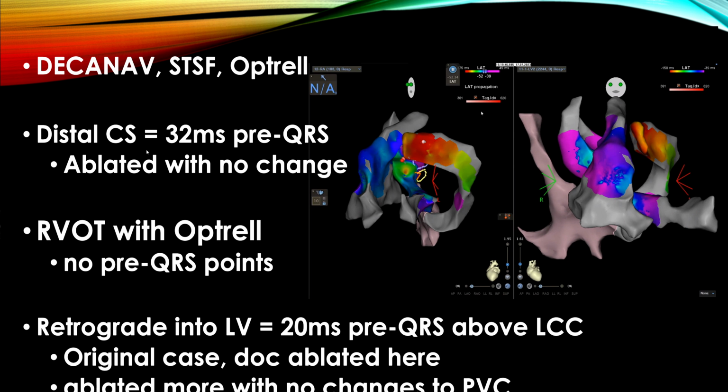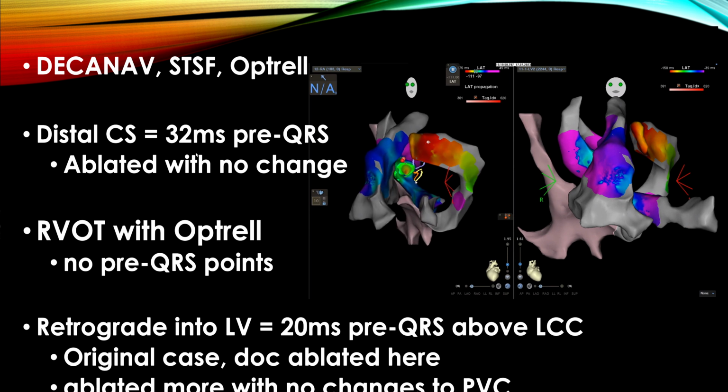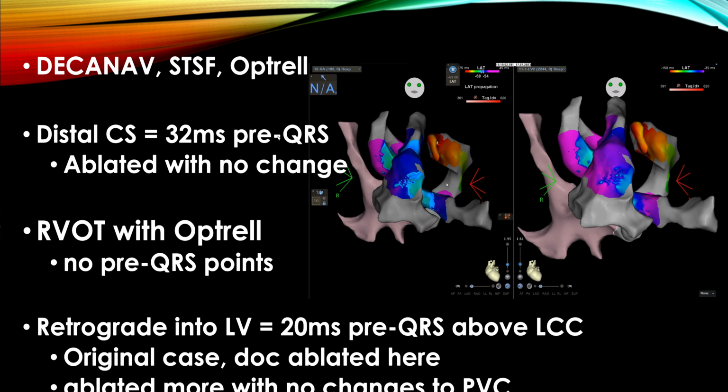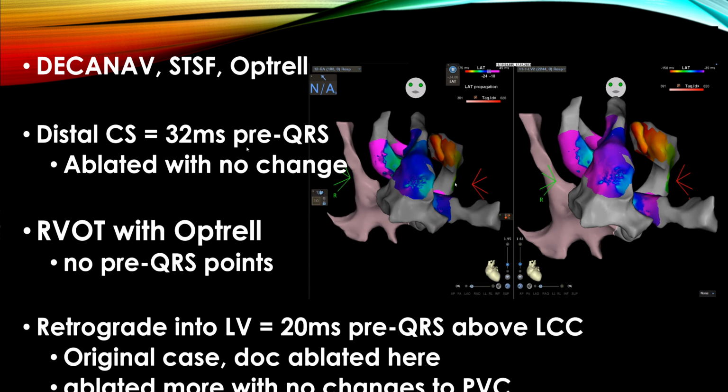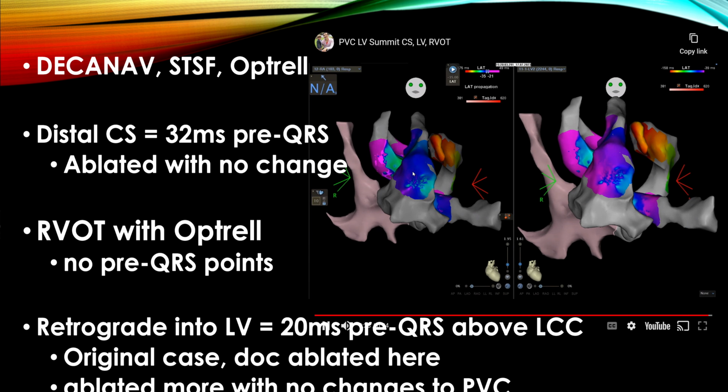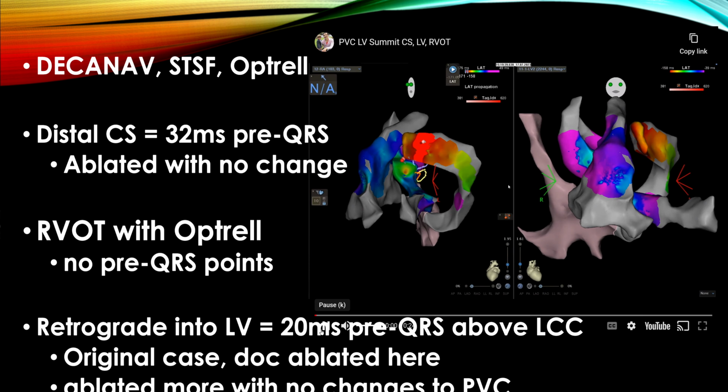We first went into the distal CS and found a pre-QRS of activation of 32 milliseconds, which was pretty promising, but we ablated and there were no changes. The RVOT, we put the Optrel in, got a lot of really good points that showed very late activation.